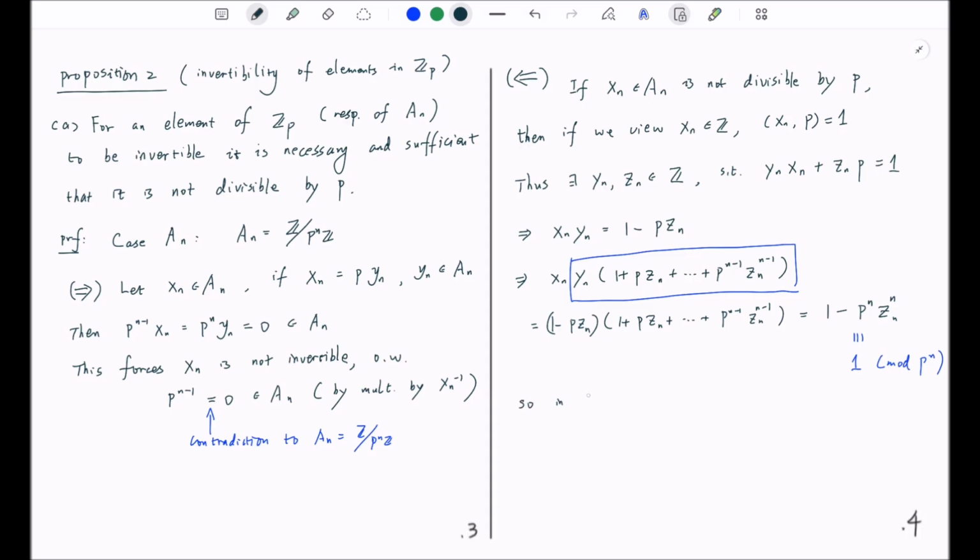So in A_n, x_n inverse is represented by this integer. So in A_n, x_n is indeed invertible.